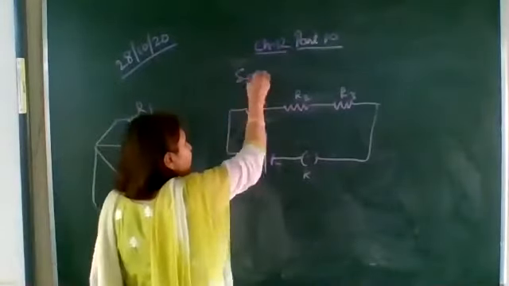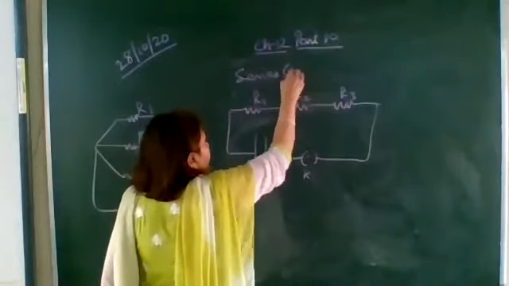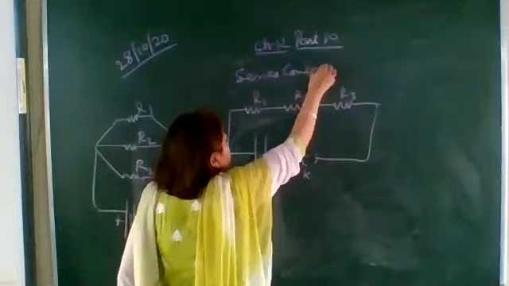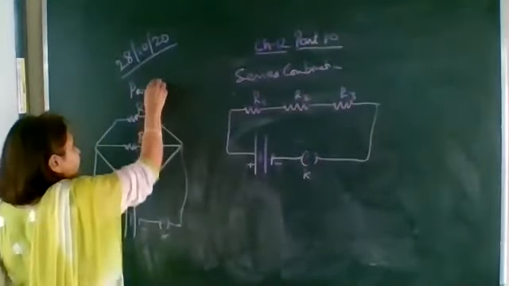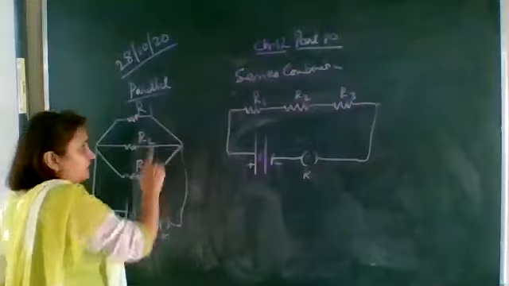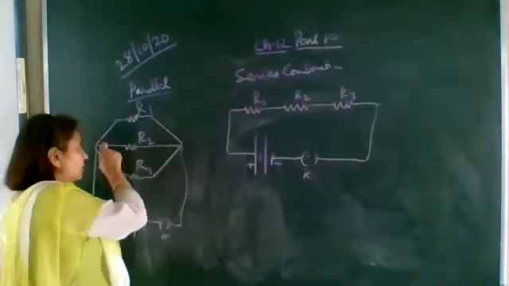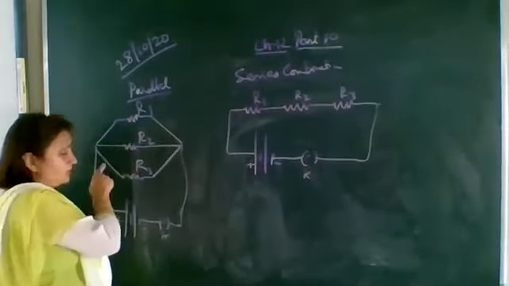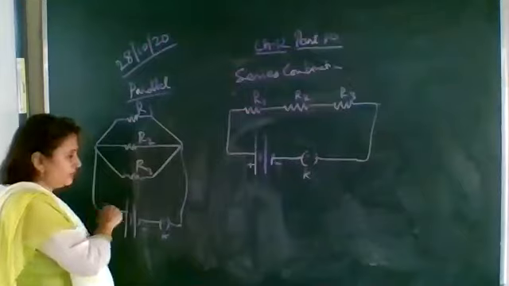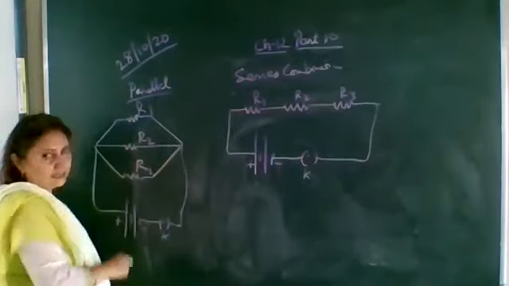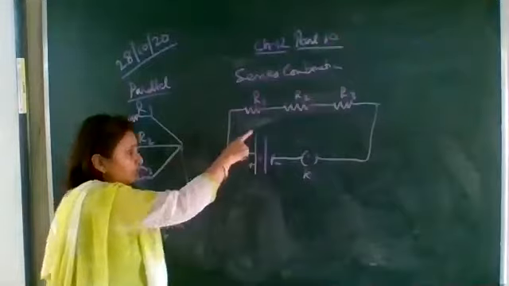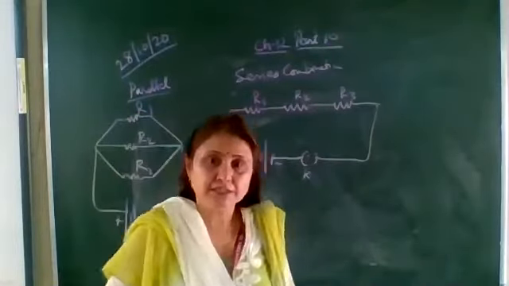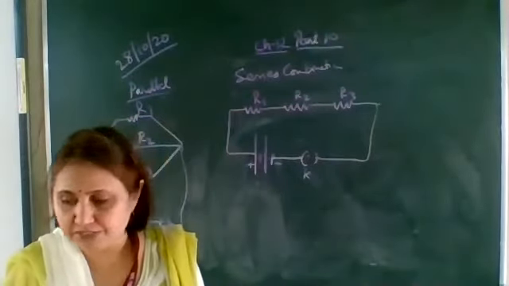So this is the series combination and this is the parallel combination of the resistances. In the parallel one, all the ends of these resistors are connected to one terminal of the battery and the other ends are connected to the other terminal. If they are connected in the other manner, it is said to be a series combination.